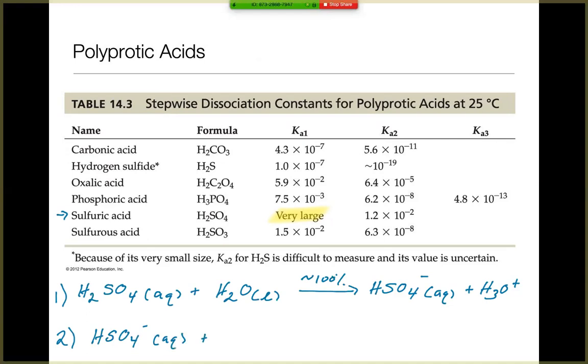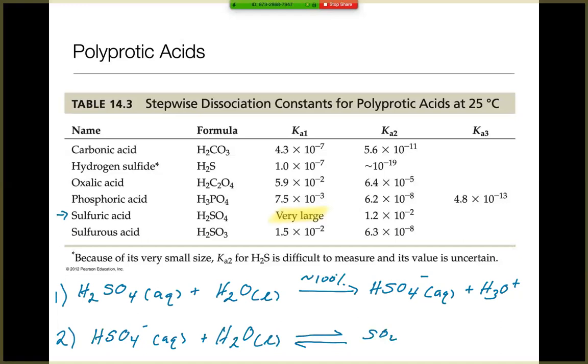Remember, this is floating around in a large amount of water. So you're going to find another new molecule of water that this HSO4 minus can interact with. It's a weak acid, right? So I'm going to draw it as an equilibrium arrow, but I can still transfer that H to a hydronium.